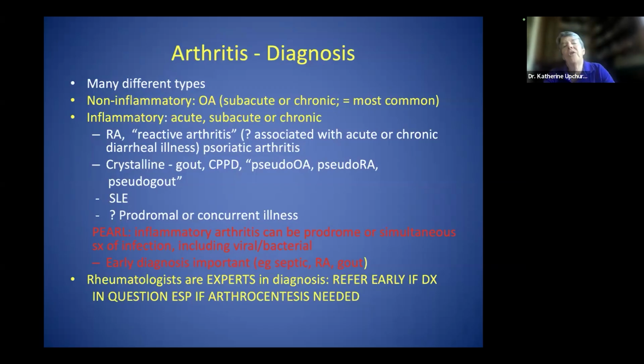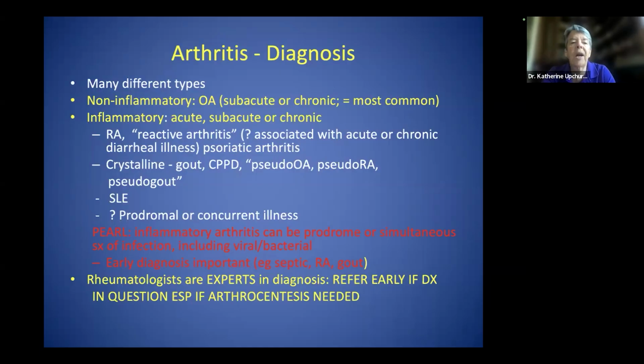Now, a smaller proportion of the patients who walk into your office complaining of joint pain are going to have inflammatory pain, but this is a group I think you need to focus on rather than assuming that most people have non-inflammatory and discounting the possibility of inflammatory.